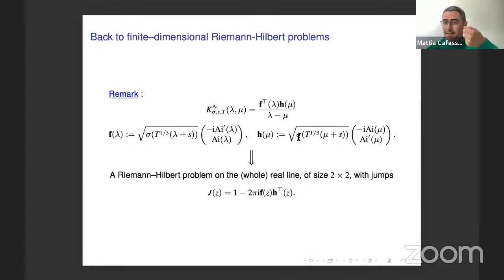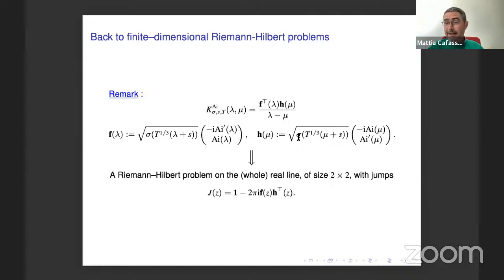But then, as a special case, if this sigma is the indicator function of 0 to plus infinity, you get Painlevé 2. The point is that you get Painlevé 2, but this Riemann-Hilbert problem is not the classical one we are used to. It's not the one with the Stokes data on the 6 rays. Okay, it is another Riemann-Hilbert problem that is just on the real line, on 0 to infinity.